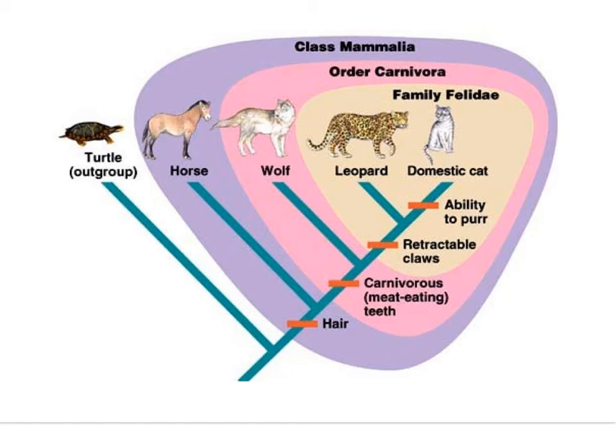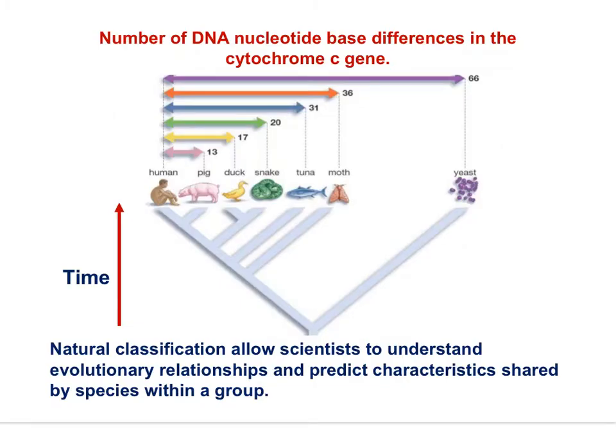Branch points where species diverge to become different species can happen at any time throughout evolutionary history, and the assignment of all organisms into 7 taxa is arbitrary. The analysis of DNA-based differences among species allows scientists to truly understand the relatedness of species. You can see in this diagram there are branch points occurring at various points in time, not regularly spaced intervals, as would be implied by the 7 taxonomic categories.